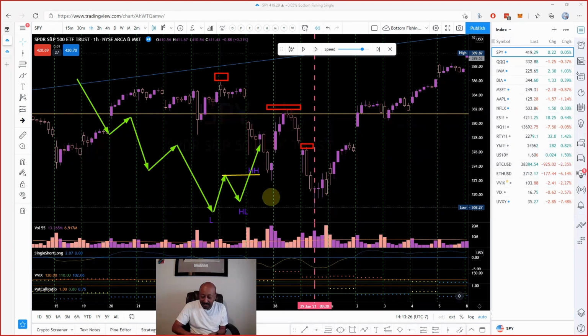So break of structure to the upside is a higher low followed by a higher high. Gotcha. As soon as you have that, you have broken structure. As soon as you're done writing your note, I will come back and show you on the actual charts where that has happened. Sounds good.